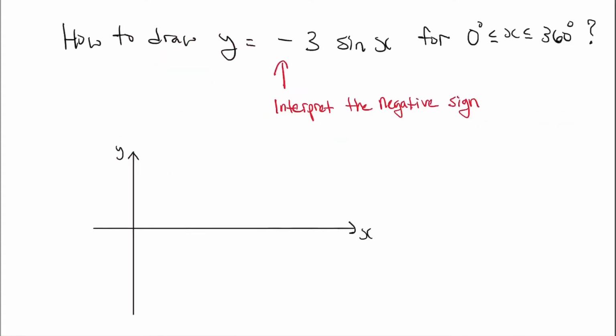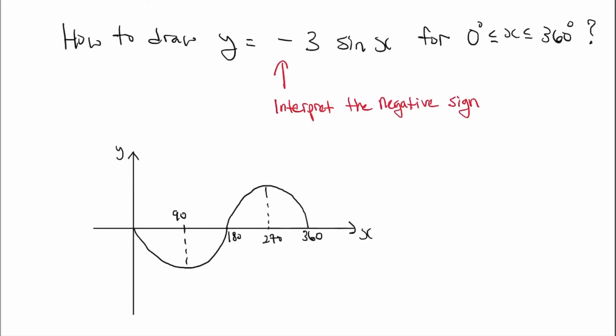Another example. How do we draw y equals negative 3 sin x? First thing, notice the negative. When you see negative, you must know your graph is flipped. So you draw a flipped graph first, like that. Now the angles are still the same, so the 90, 180, 270 and 360 are still the same.